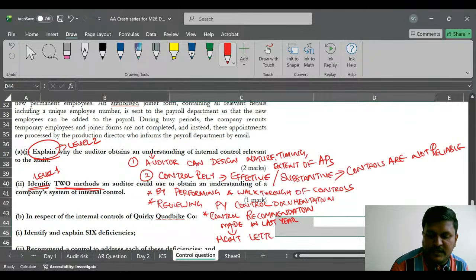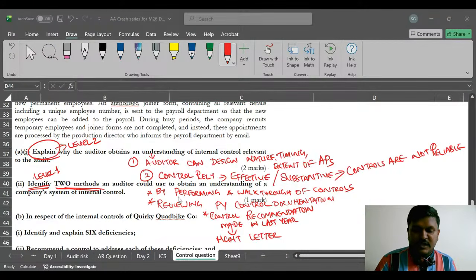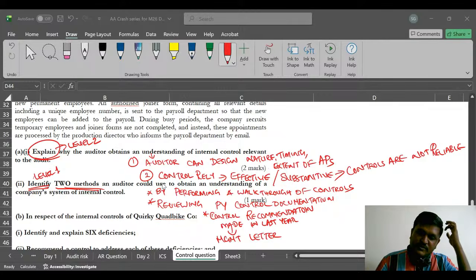You will be sending the management letter to the management as part of your audit, indicating whichever controls we have considered during the course of the audit, the deficiencies we have come across, and we are giving them some recommendations. That is how we'll be making that management letter.